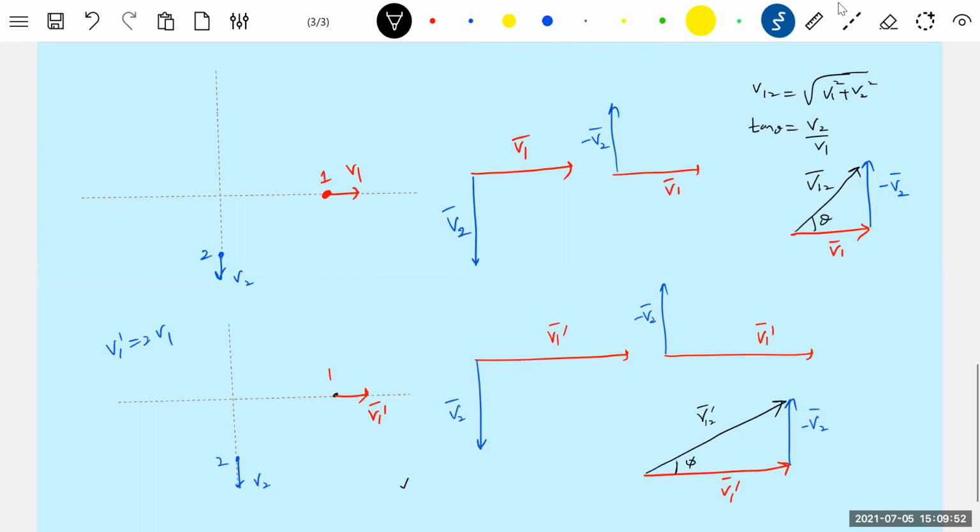So now, what is V12 dash, prime or anything you can call it? It's quite obvious, no? Now see, if this V1 increases, this has to change, then even this orientation also changes.